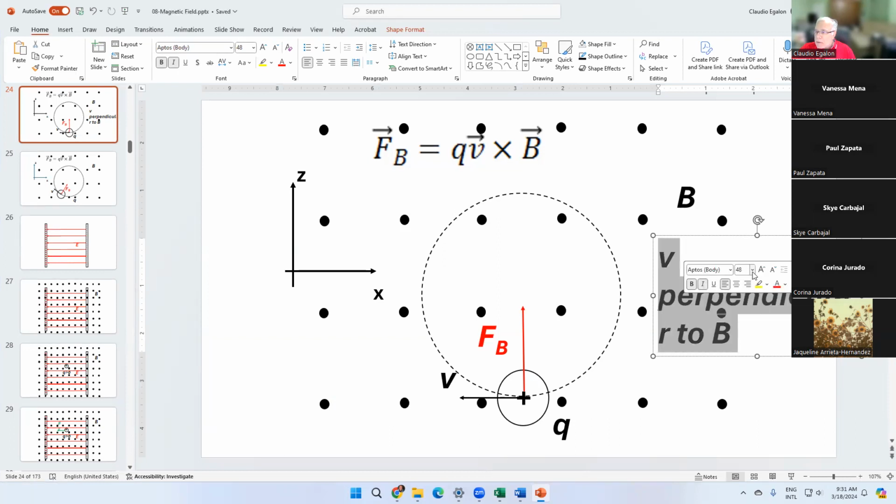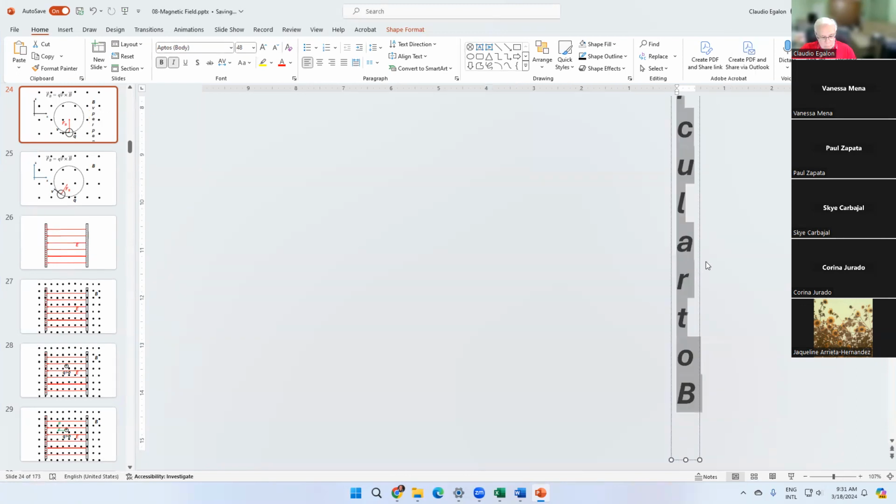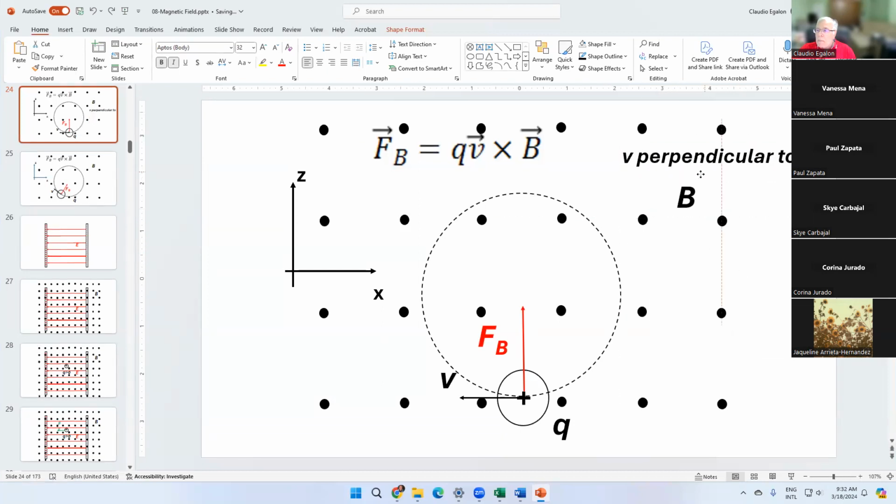I have to change the size. Yeah, V perpendicular to B. Okay, and then we can go back to my notes.